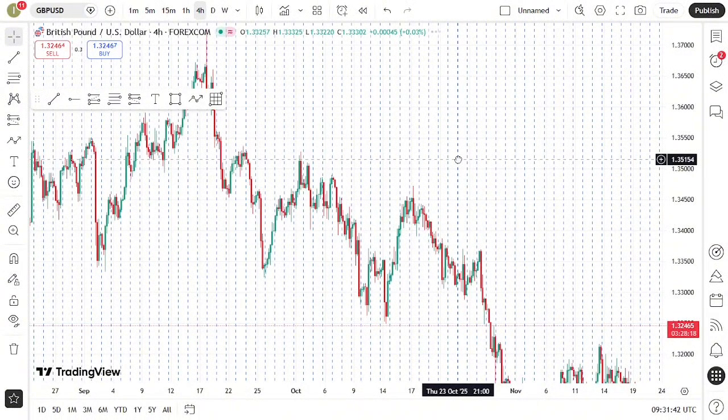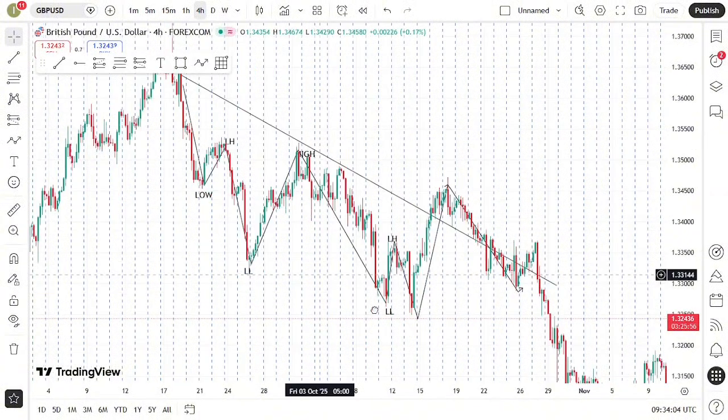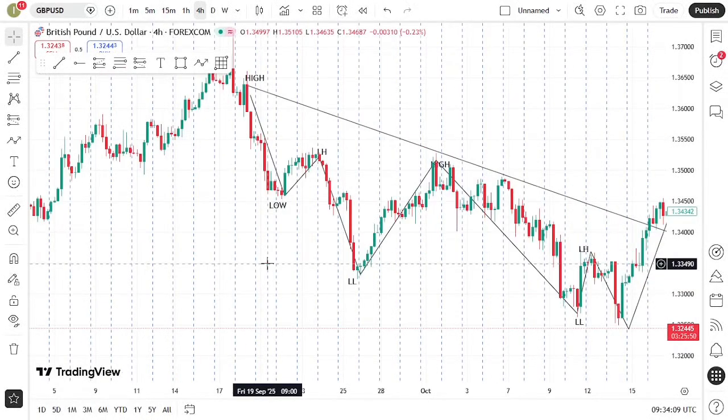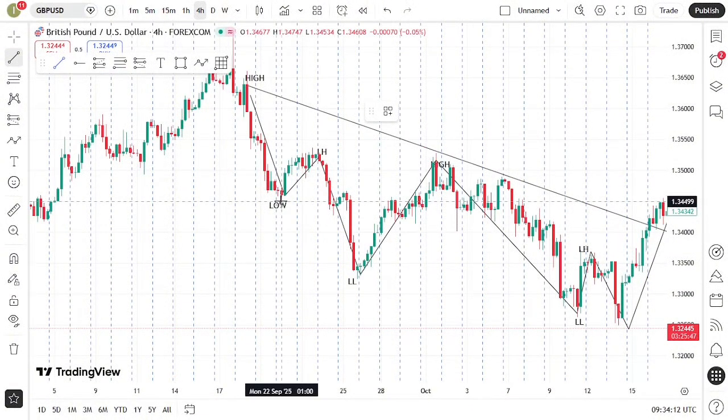Now this is how to identify trends on your chart. If you do something like this, you say okay, this market is bearish or the market is in a downtrend. And mind you, it was breaking structures. As I said earlier, it broke structure here.